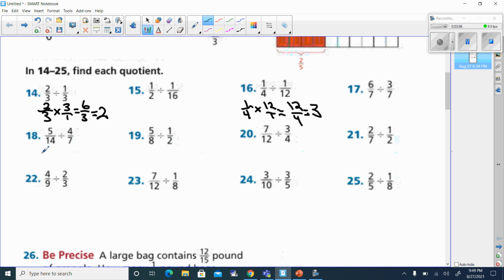We got 5/14. And we're dividing, so we're going to multiply it by the inverse, which is 7/4.